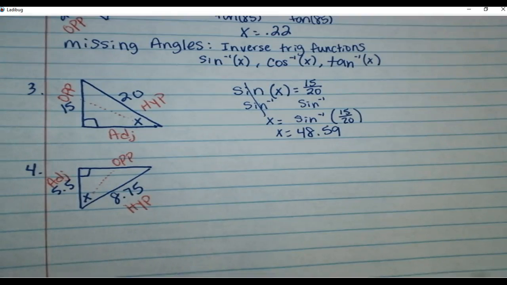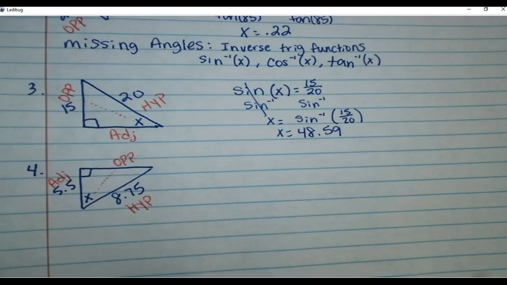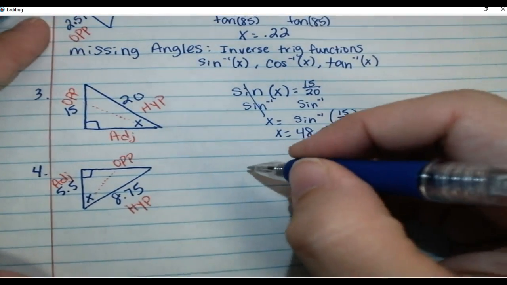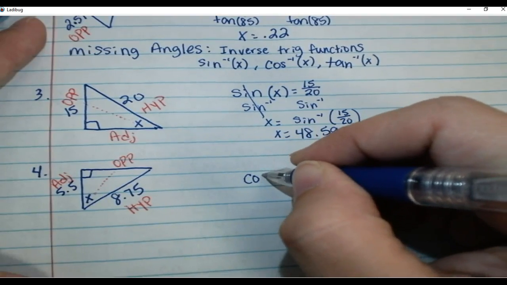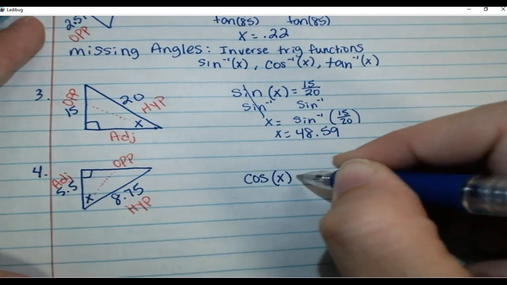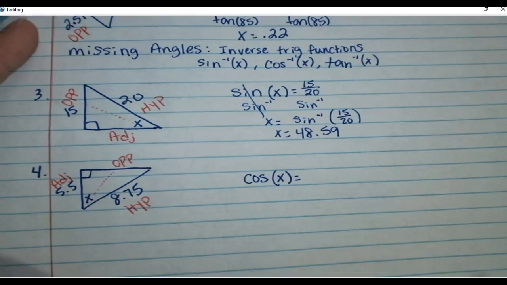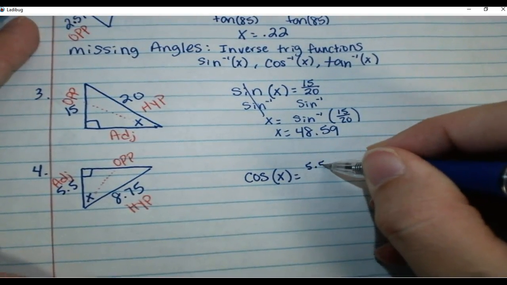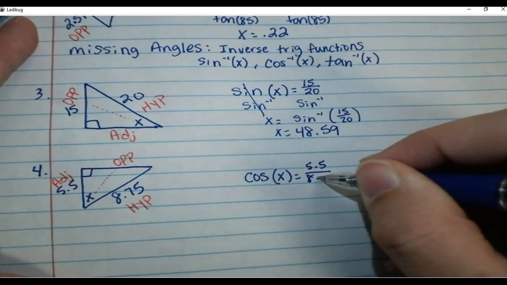So which trig function do I use? Cosine. Good. Because I know adjacent and hypotenuse, which is cosine. So cosine of x, because we don't know the angle, equals, and then it's A over H, so 5.5 over 8.75.